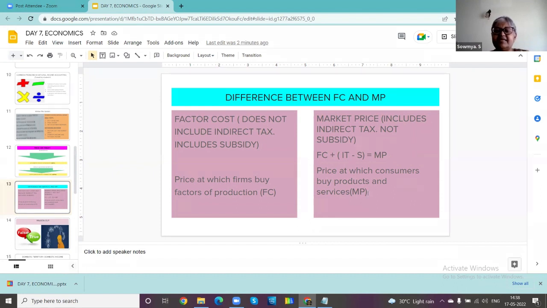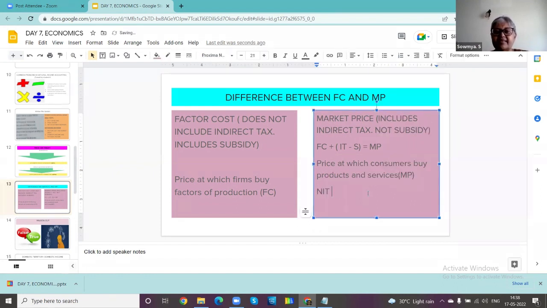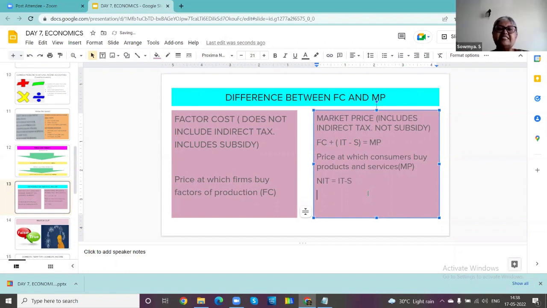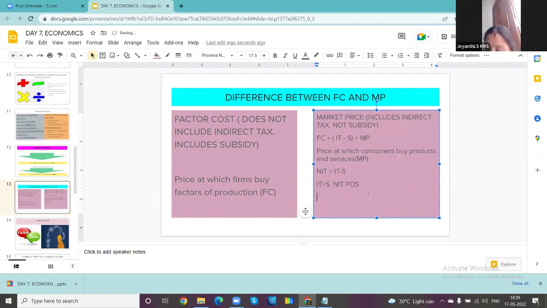NIT is nothing but the difference between indirect tax and subsidy. So if the indirect tax is going to be more than the subsidy, then of course the NIT is going to be positive. Then if the indirect tax is going to be less than the subsidy, then the NIT will be negative.